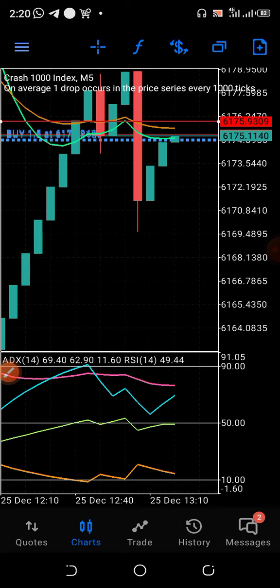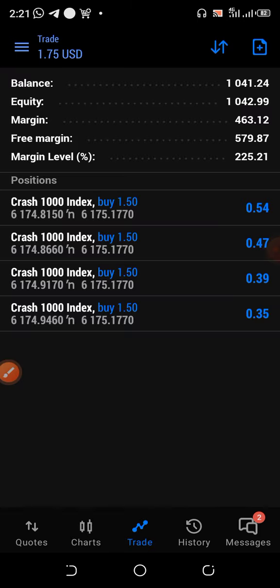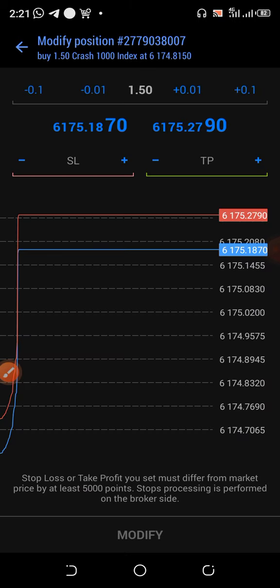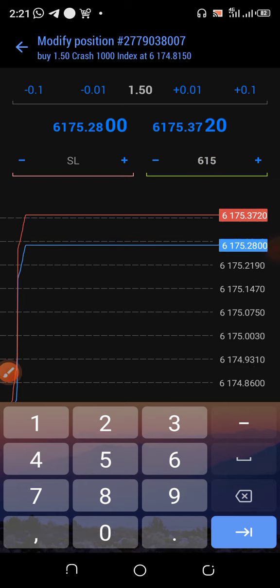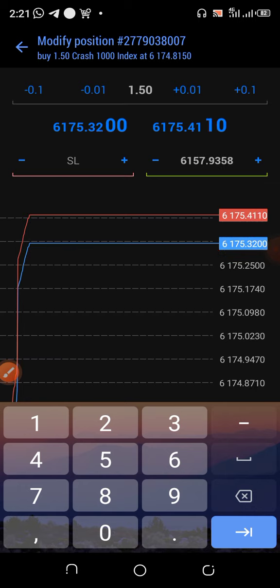So my TP is 6157.93 something. That is my TP.